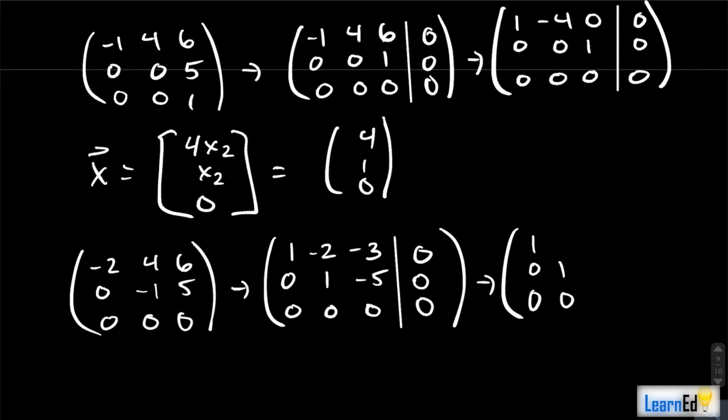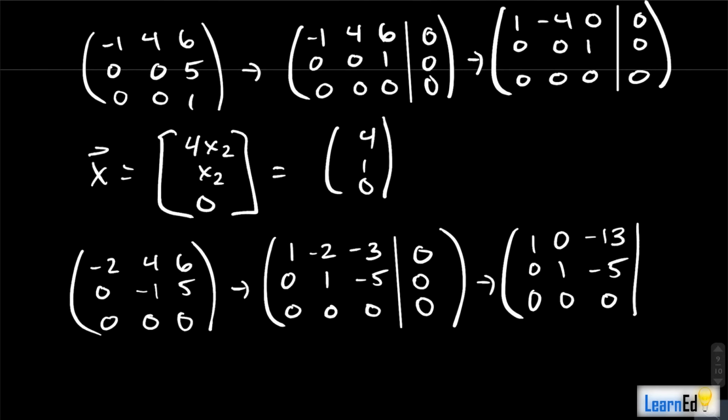So we get 0 under the first pivot. We have a 0 under the second pivot. This thing goes to 0. To get that to 0, I have to multiply the second row by 2 and then add. So if I multiply the second row by 2, I'll get a negative 10, and add that to negative 3, and I'll get a negative 13 here. And then I still have a negative 5 here.